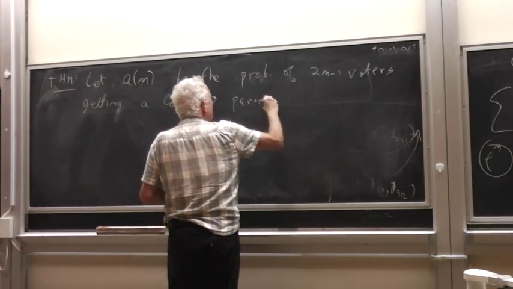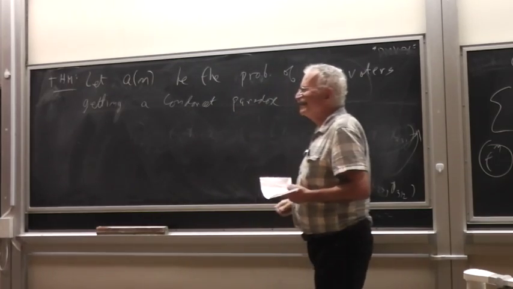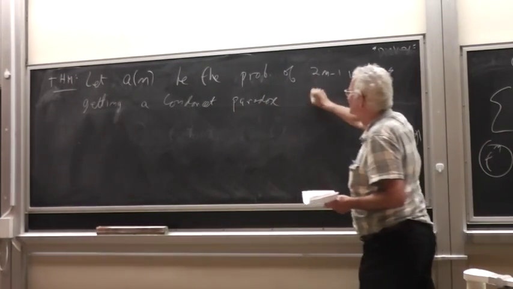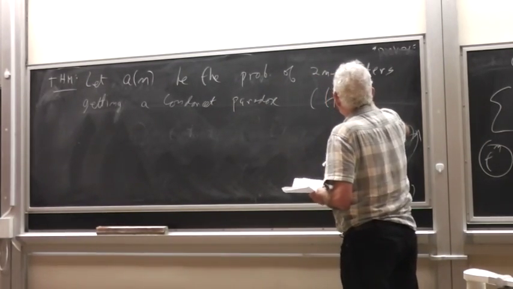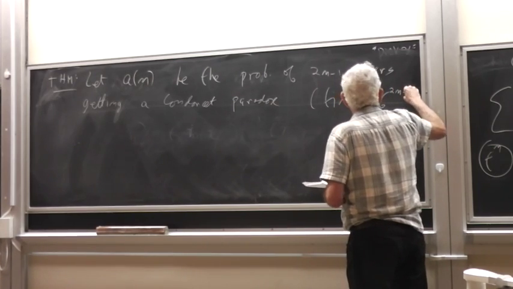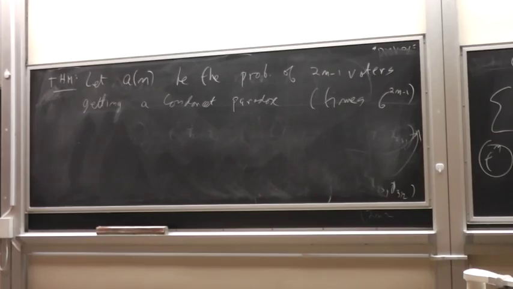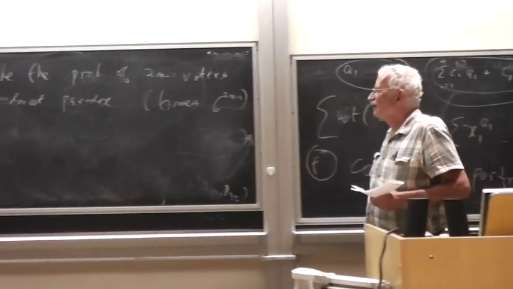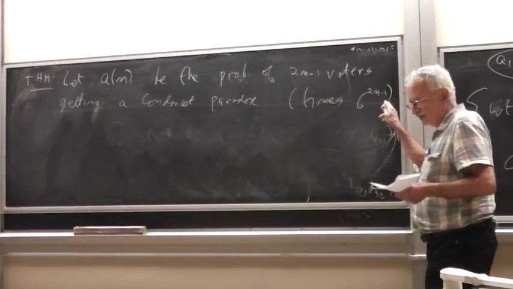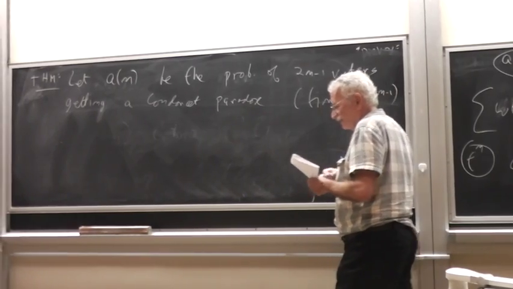And for the sake of Neil Sloane, and to be an integer sequence, it's the numerator, times 6 to the power 2n minus 1. To get the actual probability, you have to divide by the total number, 6 to the power 2n minus 1.